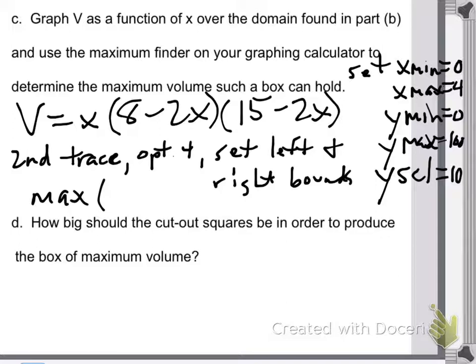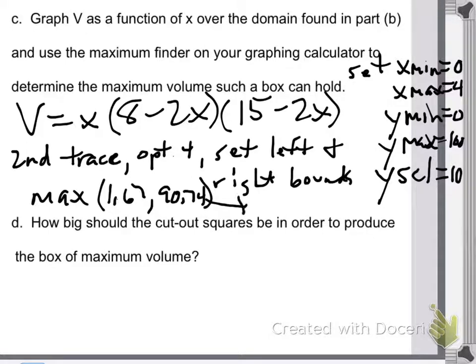Okay, so the maximum is at 1.67, 90.74. Okay, that's where the max is. Okay, now that means this. Oh boy, I'm out of room.